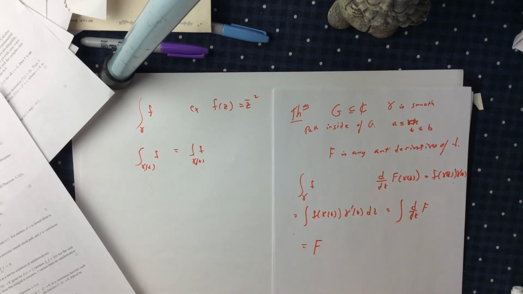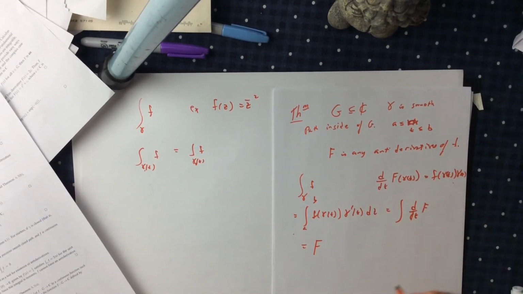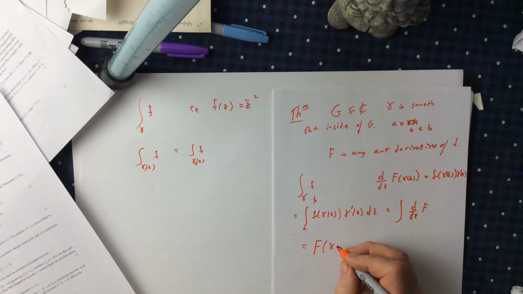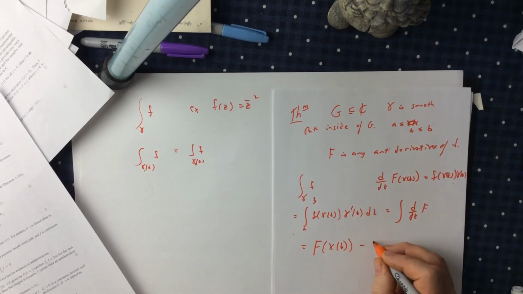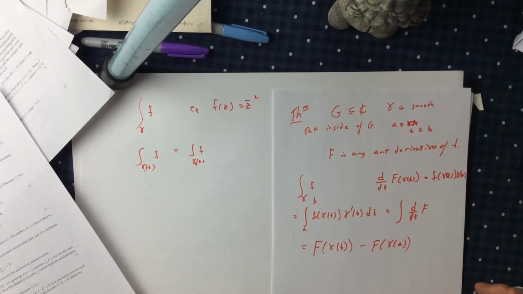and therefore the answer is the F. But now the strange thing is it's the a and the b, and the change of value gamma produces, gamma of b minus gamma of a. And so we just come up with the fundamental theorem of complex integration.